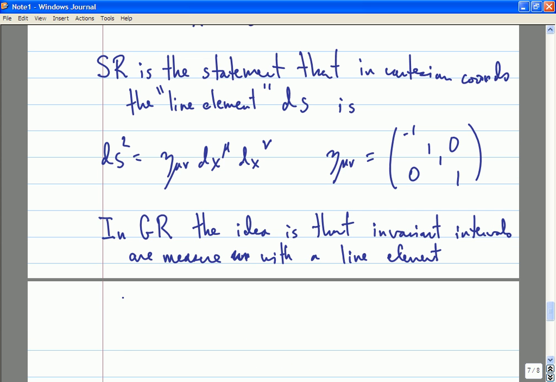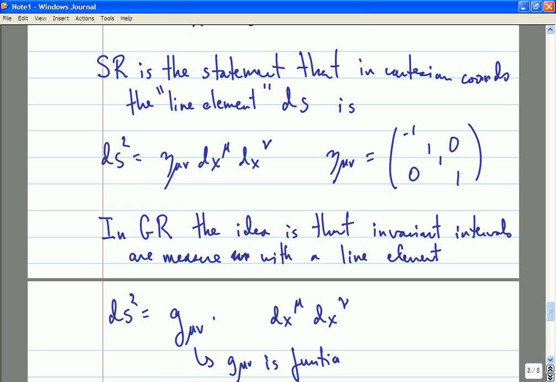But this line element is no longer given by a constant matrix for the metric, but is rather given by some complicated functions g mu nu, which will depend on the coordinates x mu. So I'll just write it as g mu nu dx mu dx nu, where g mu nu is, in principle, a complicated function of x. And g mu nu has a name, and it is known as the metric of spacetime.